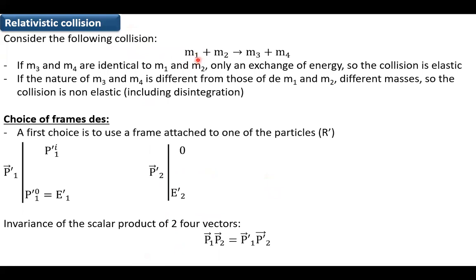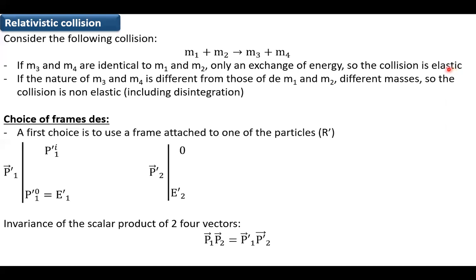Okay, so if you have a collision between a mass M1 and a mass M2 that gives you, for example, M3 and M4 after collision, we have two different cases. If M3 and M4, the particles after collision, are identical to M1 and M2, then this collision is only an exchange of momentum and energy. So this collision is called an elastic collision.